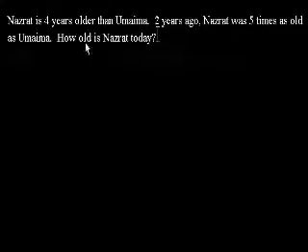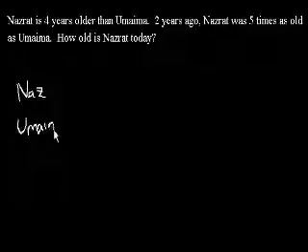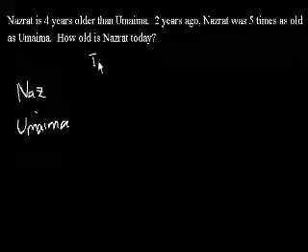All right. So once again, what were we trying to solve for? We're trying to solve for Nusrat today. So let's say this is Nusrat, we'll say Naz for short, and let's say this is Umama. And this is today. I'm making a little chart.